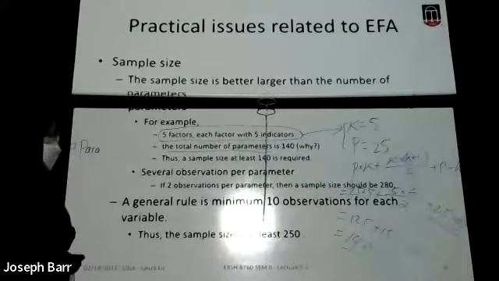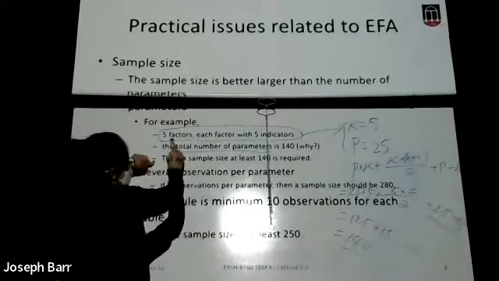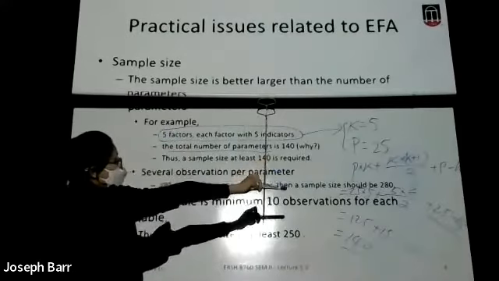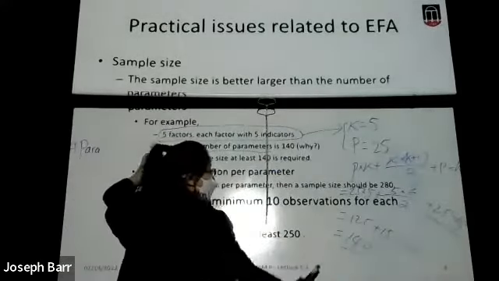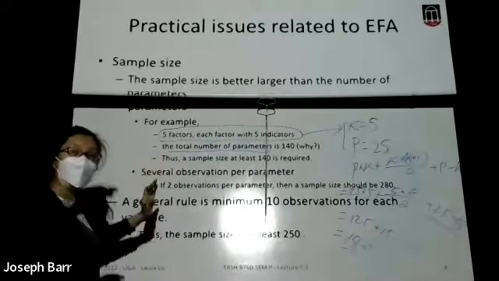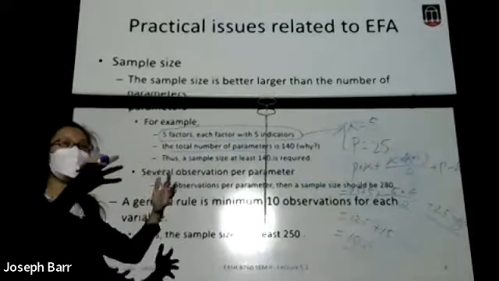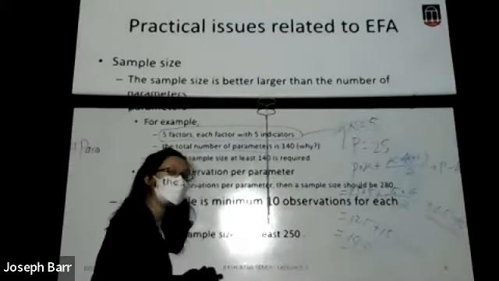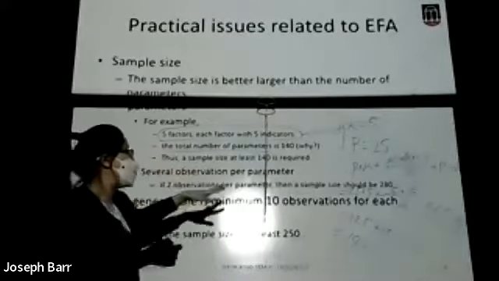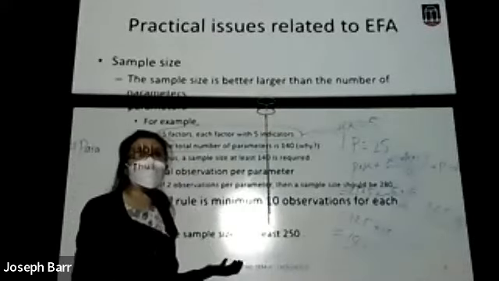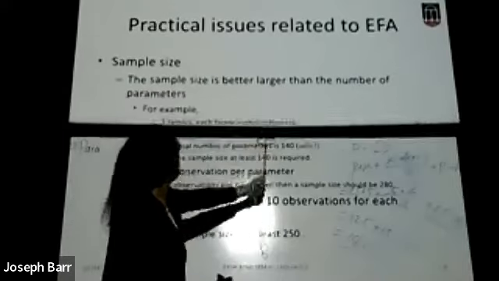So if you have this case, 5 factors, 25 items or indicators, the number of parameters is 140. You want to estimate those parameters, you have 140, that's a lot. So at least the sample size should be 140. Based on this rule, the sample size should be larger than the number of parameters.